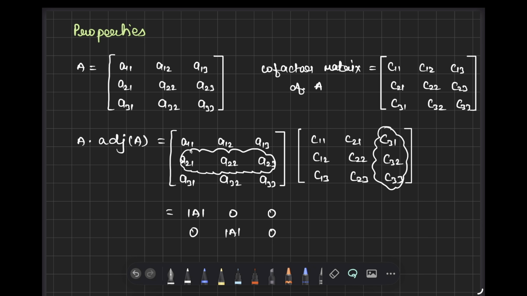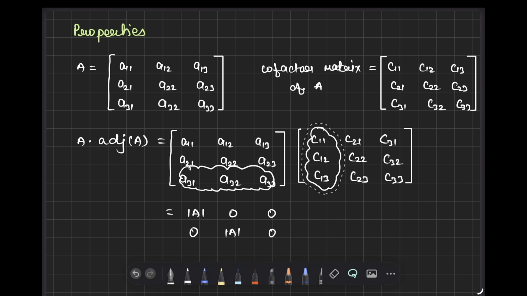Now same game, we will multiply this with this, so we got 0. Then 0, and then determinant.